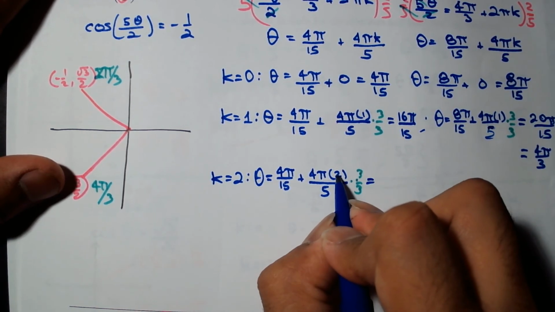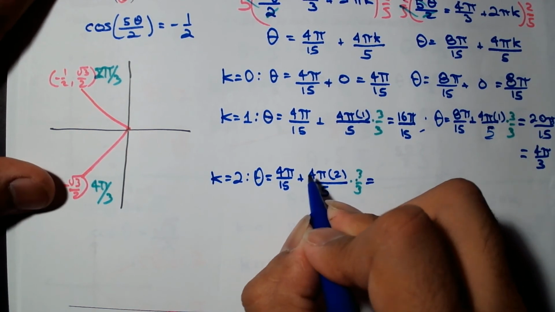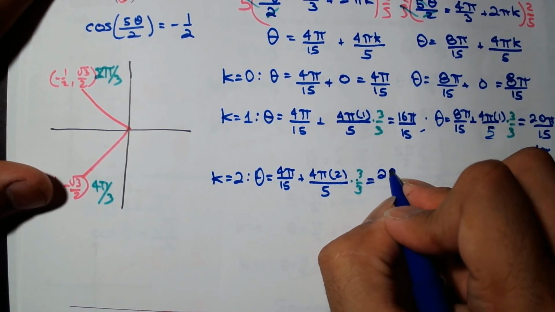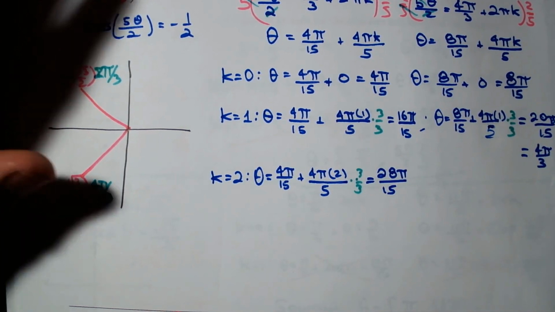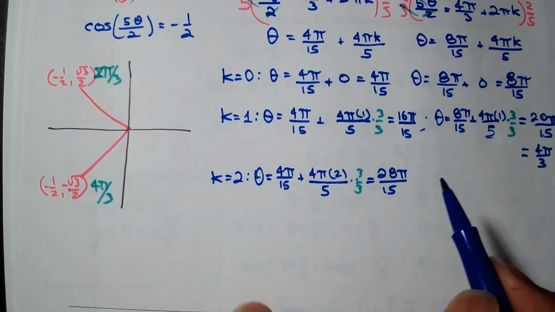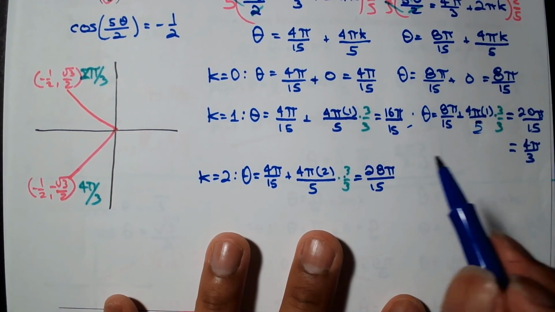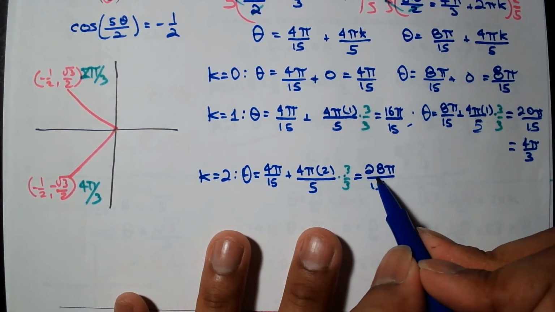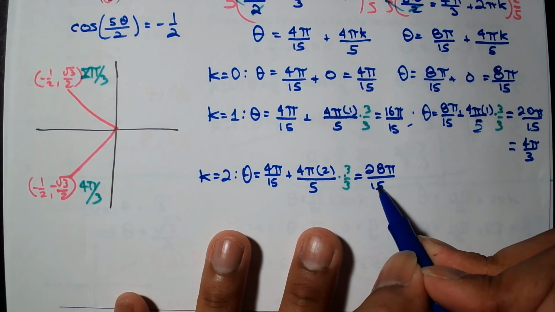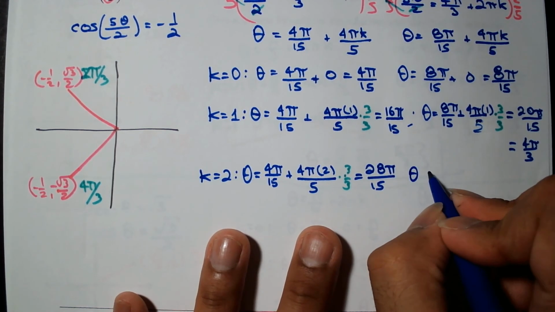So 3 times 2, which is 6 times 4, that's 24. 24 plus 4, that's 28 pi over 15. Yes, the numbers are starting to look a little bit wacky in comparison with the ones that we had in the previous examples, but this one is going to work. So 28 over 15, that's still a little bit under 2. So you'll see what's going to happen here.